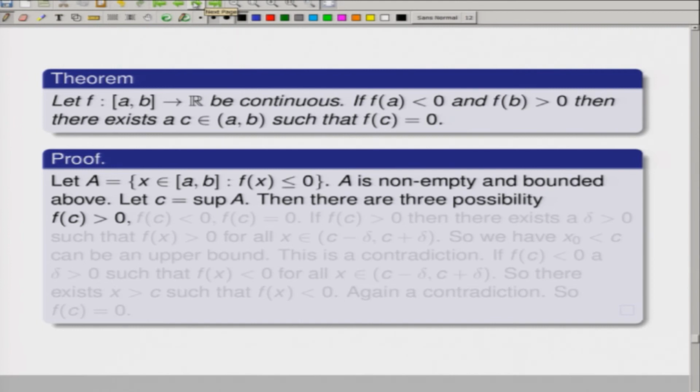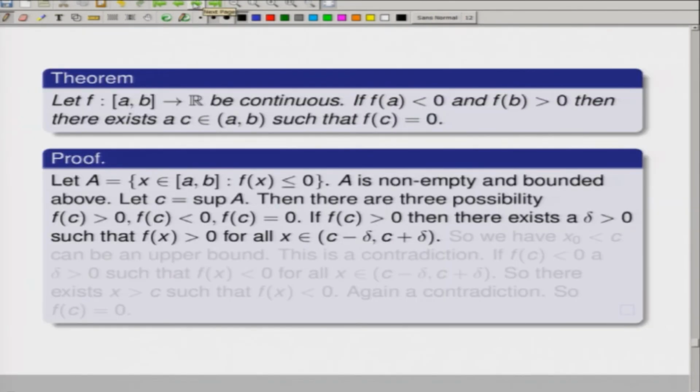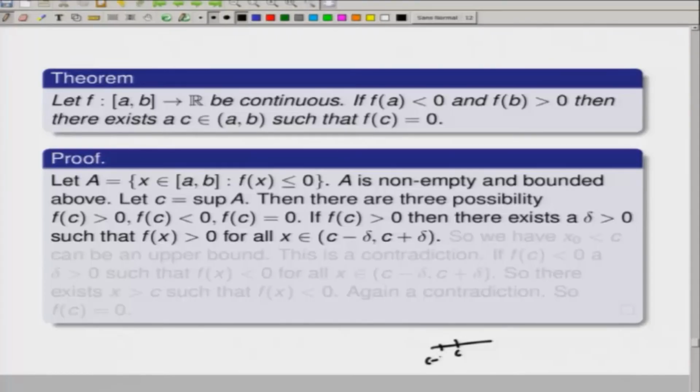Then there are three possibilities: f(c) is bigger than 0, f(c) is less than 0, or f(c) is equal to 0. Now, if f(c) is greater than 0, what we have shown is that there exists an interval c minus delta to c plus delta in which f is taking values greater than 0.